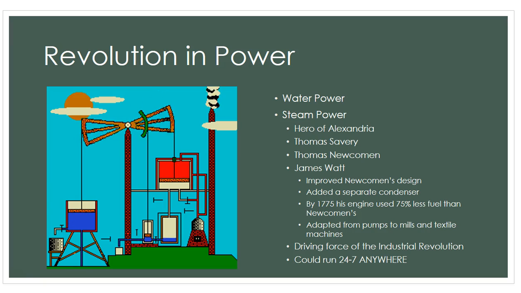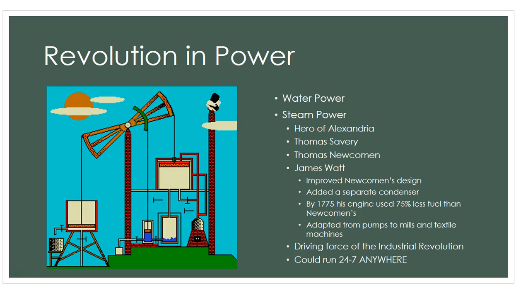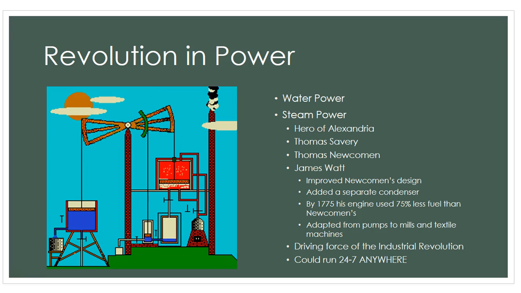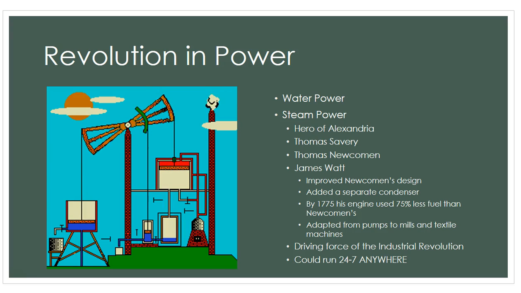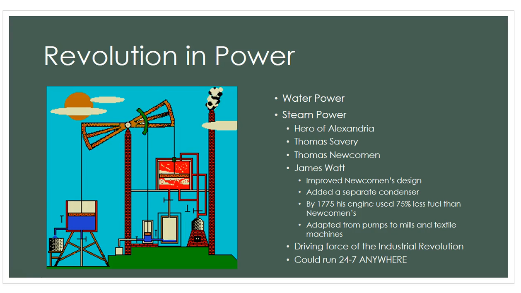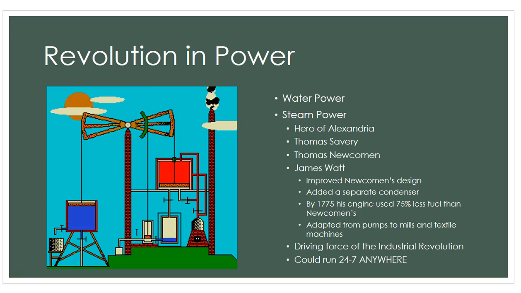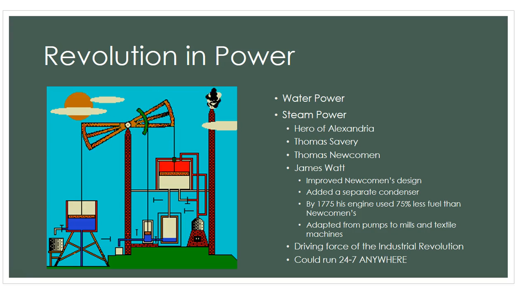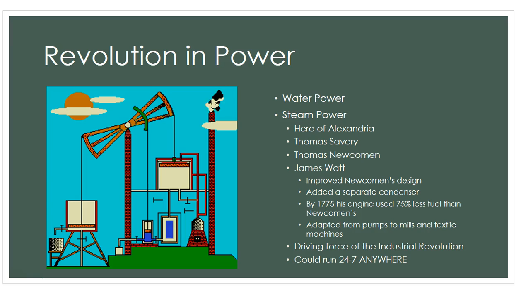And the idea of not having to be limited to just up and down, but instead rotating, made steam power more applicable, especially for things like mills that could grind grain, or textile, right? Spinning thread or weaving. So the machines that had been hooked up to water power now had steam power adapted to them.